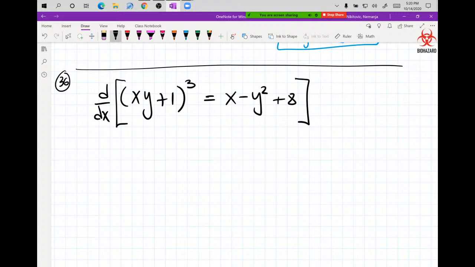All right, let's take a look at this one together. And then after this, we just need to do the second derivative and call it a day.